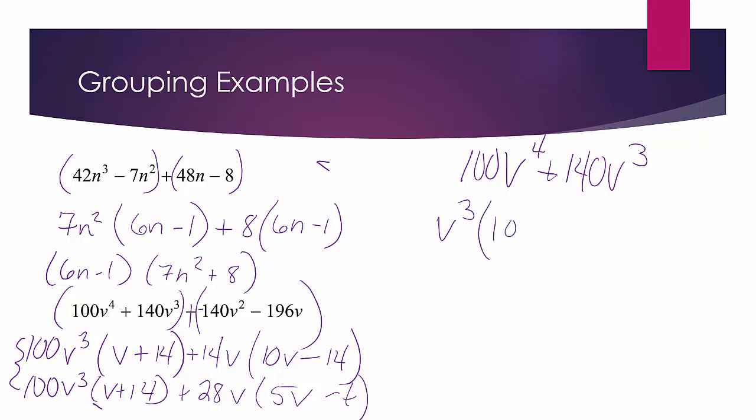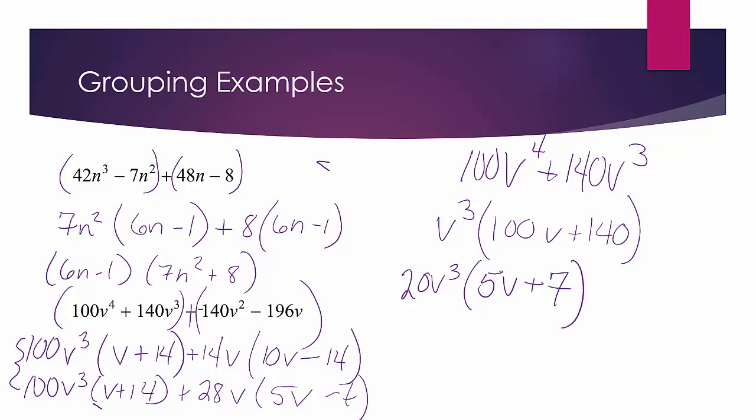That leaves me with 100v plus 140. Let's pull out the 20. There's a 20 there. So that leaves me with 5v plus 7, because 7 times 20 is 140 and 20 times 5 is 100. So now we can do the problem.